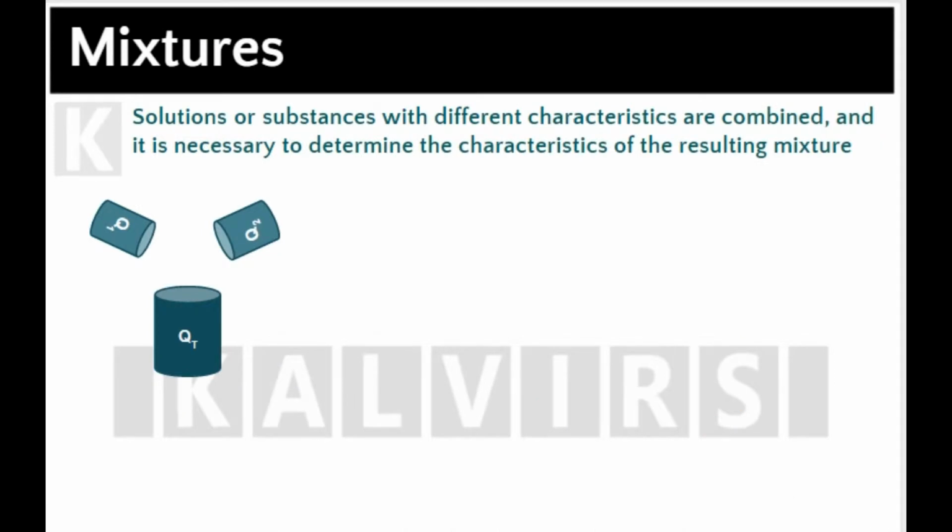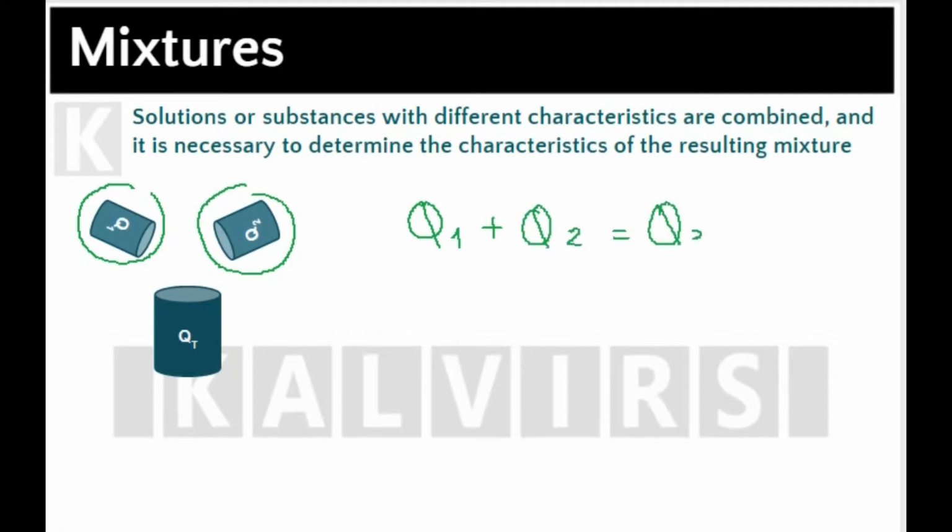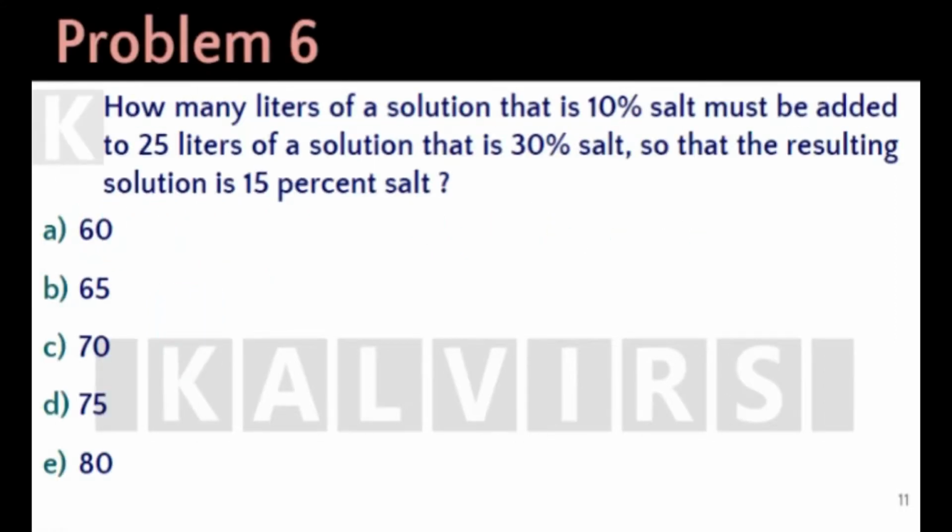According to the picture, two solutions with different characteristics but the same ingredients are combined to form a new solution. Problem 6 says, how many liters of a solution that is 10% salt must be added to 25 liters of a solution that is 30% salt, so that the resulting solution is 15% salt?